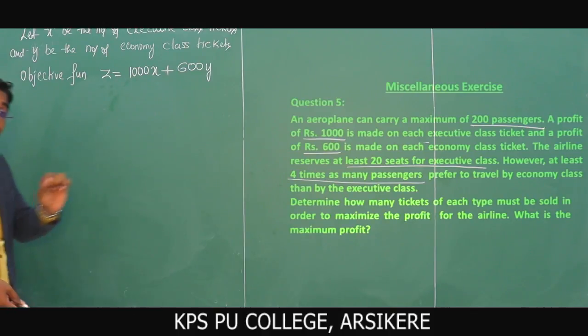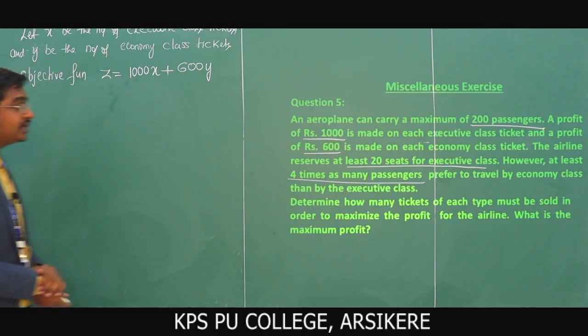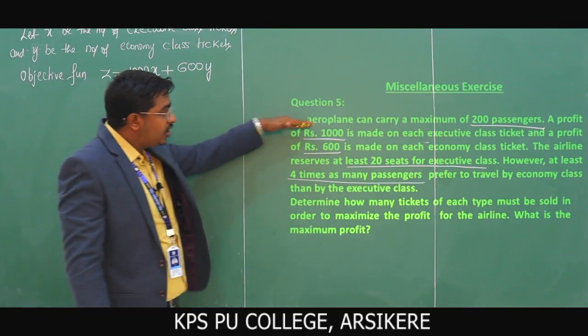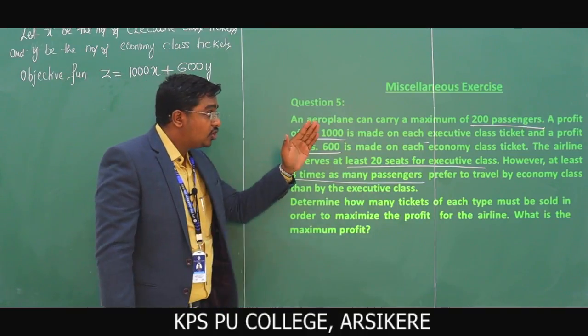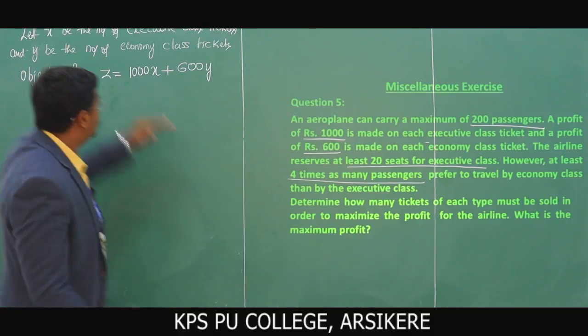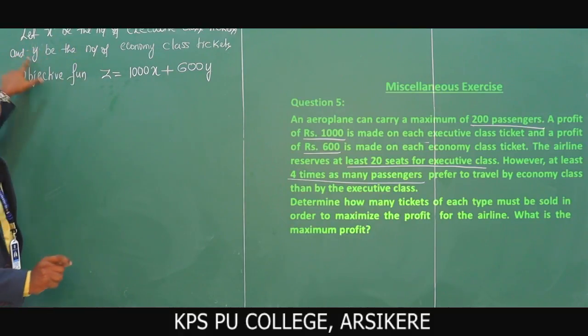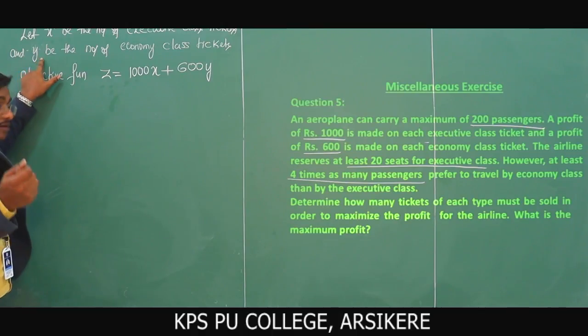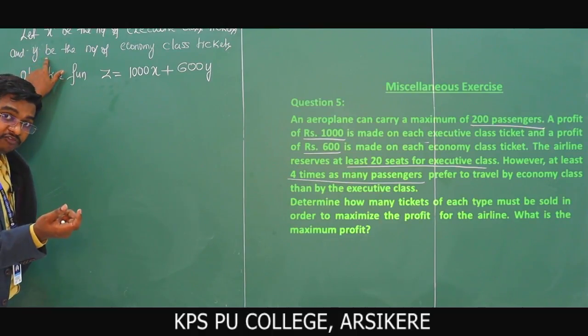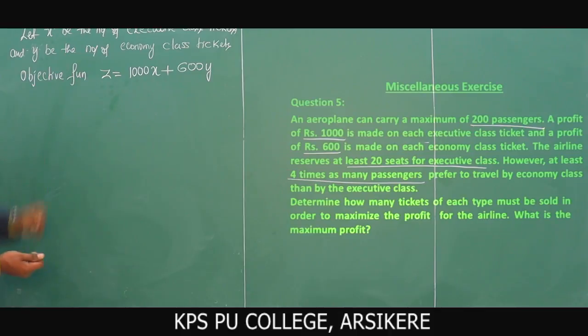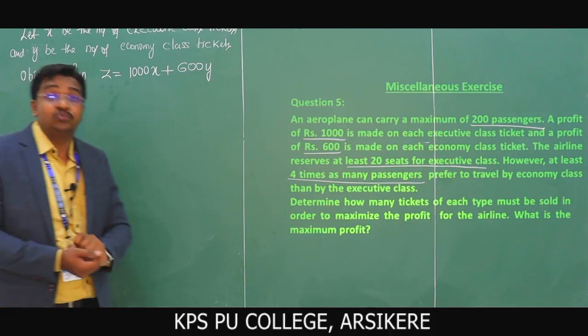Then we have to go with the constraints, right? So what is given here? First observe, an aeroplane can carry maximum 200 passengers. So x is the number of executive class passengers and y the number of economy class passengers. So the total number of passengers is x plus y, right?